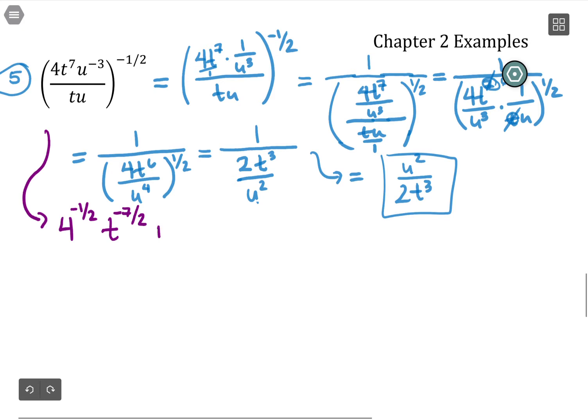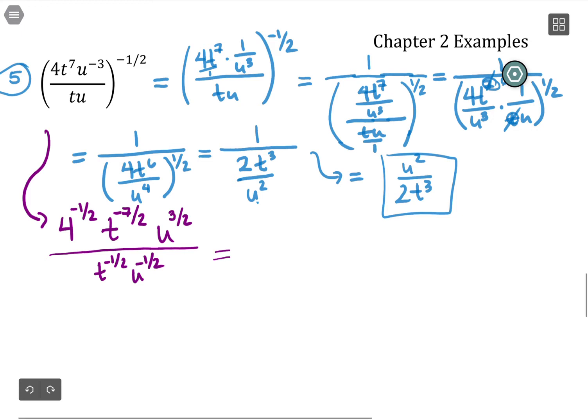And then you'd have u to the negative 3 times negative 1/2, so that's positive 3/2, over t to the negative 1/2, u to the negative 1/2. I think I'm going to like my first way better, but we'll see.